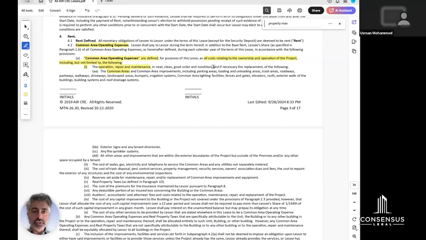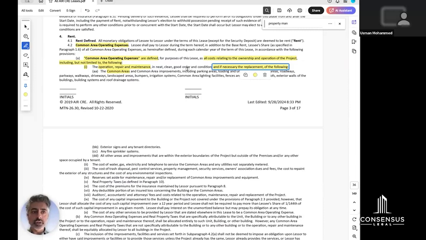This is a key provision for lessors and lessees. It says, and if necessary, the replacement of these common areas. So under the multi-tenant net lease, lessor is permitted to pass through not only common area expenses relating to maintenance and repair, but also related to replacement.